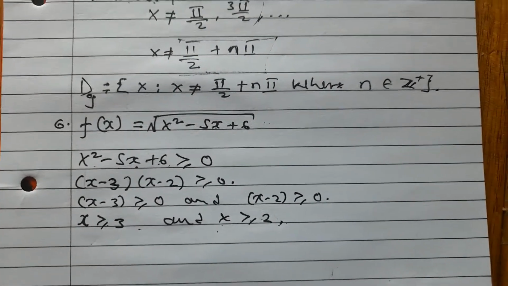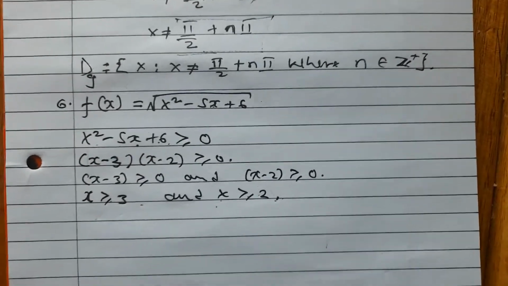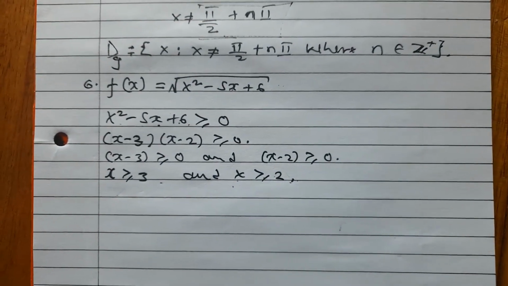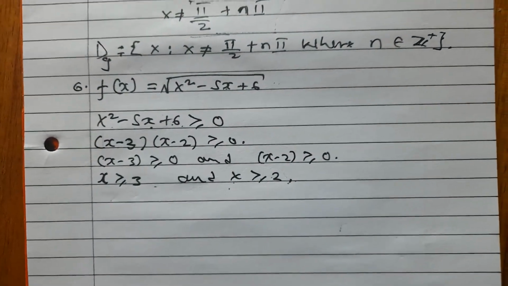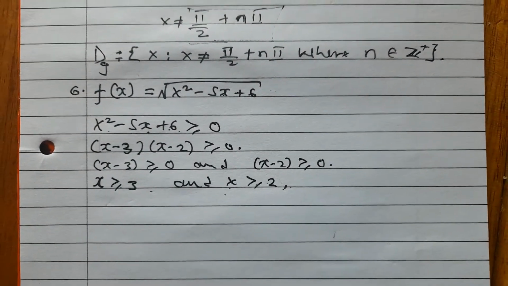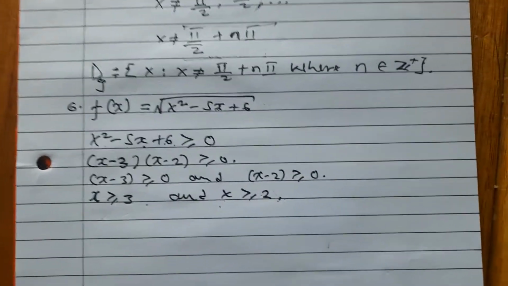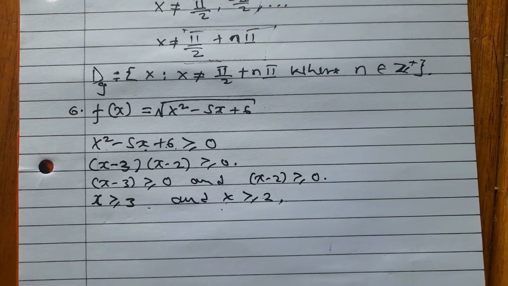In order to get the explicitly defined domain for this function, we do what we call a sign analysis test, to see what is actually the implicitly defined domain of this particular function.